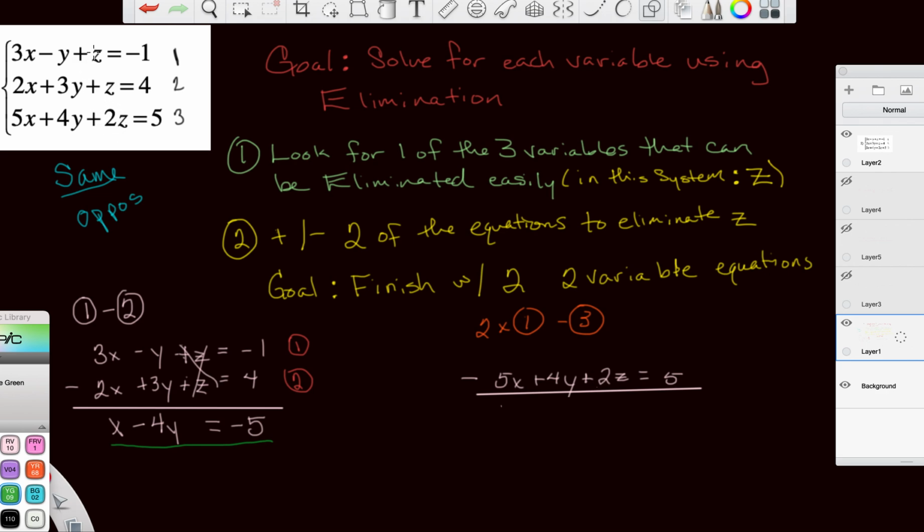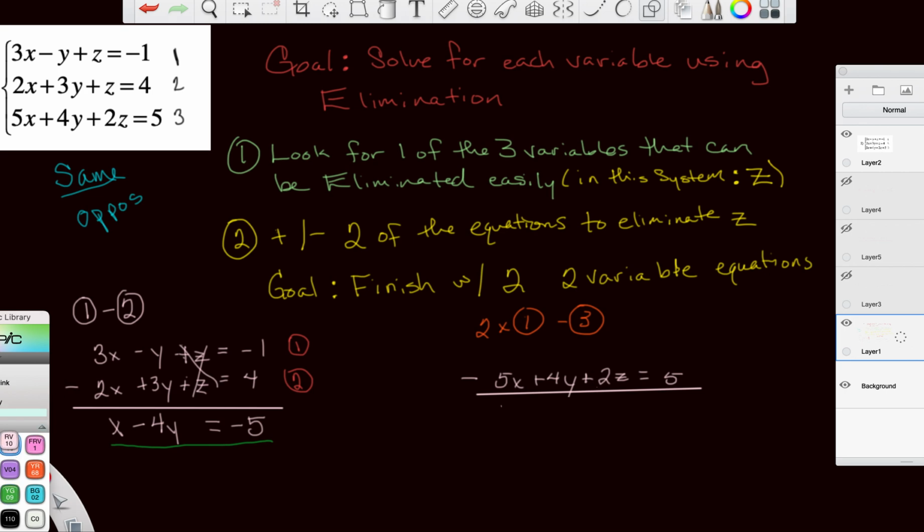But how do I get from 1z to 2z? I multiply by 2. So if I multiply everything in this equation by 2, I haven't changed it. The property of equality states you can multiply everything in the equation, both sides, by 2, and everything will stay the same. So here we go.